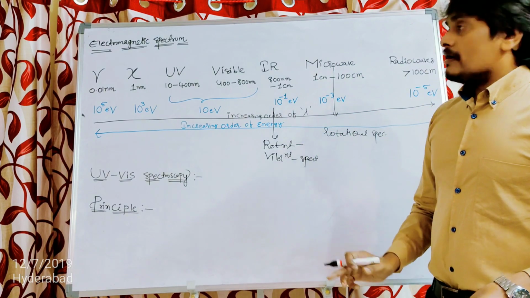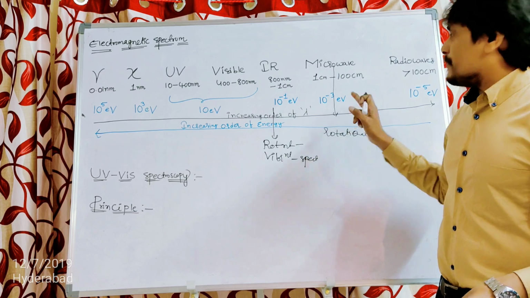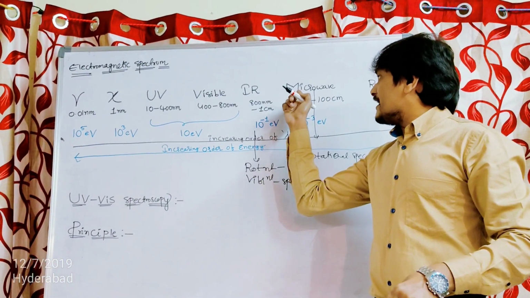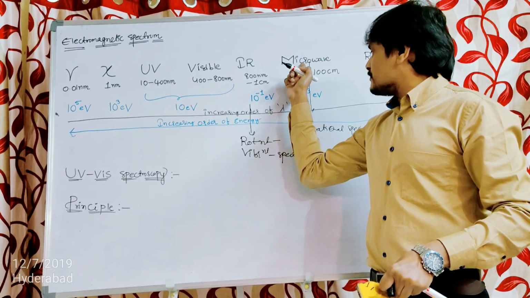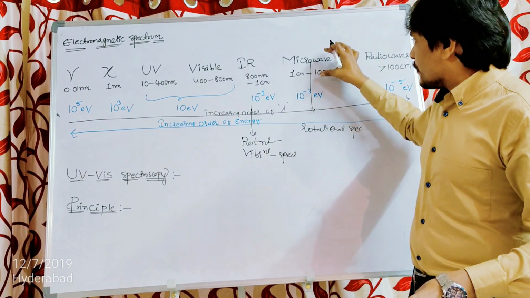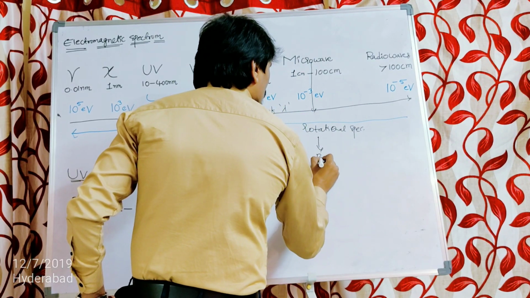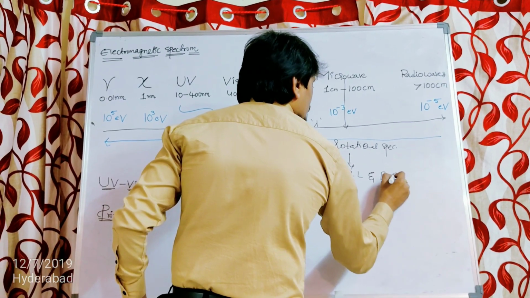Now, this microwave spectroscopy or rotational spectroscopy, that is, whatever spectroscopy is related to the microwave radiation, is called microwave spectroscopy or rotational spectroscopy. This spectroscopy will give the information about bond length and bond angle of the molecules.